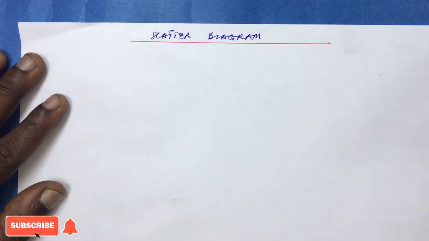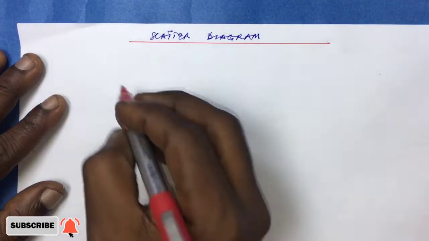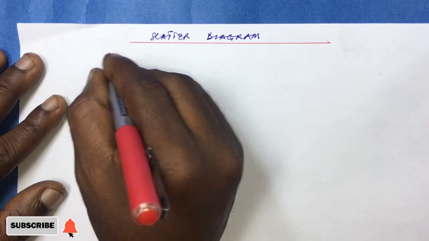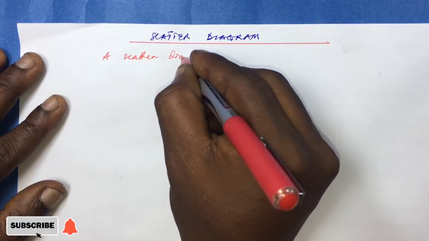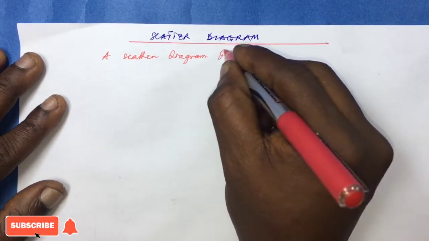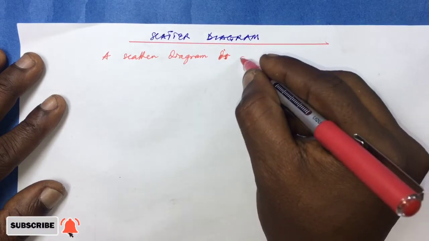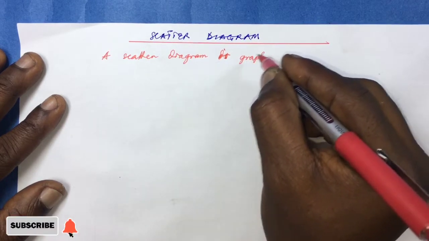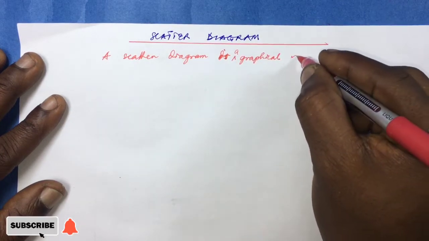Now, what is a scatter diagram? I'm going to define it this way. What is called a scatter diagram is a graphical visualization.